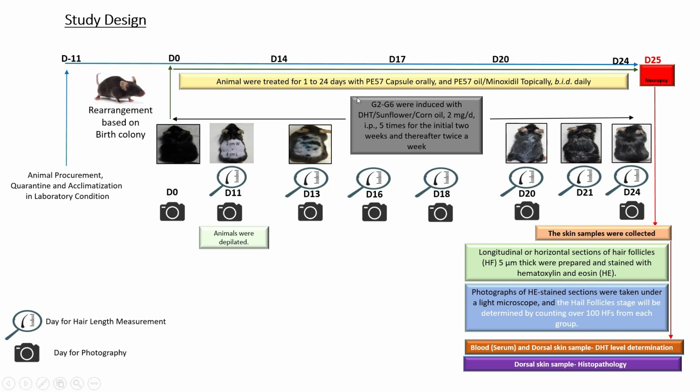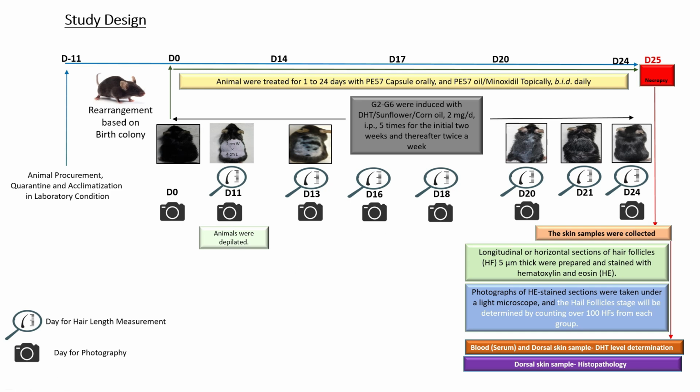Animals were treated for 1 to 24 days. If you are conducting the experiment, you can perform it in 2 ways. One, therapeutically: you can start dosing from day 11.